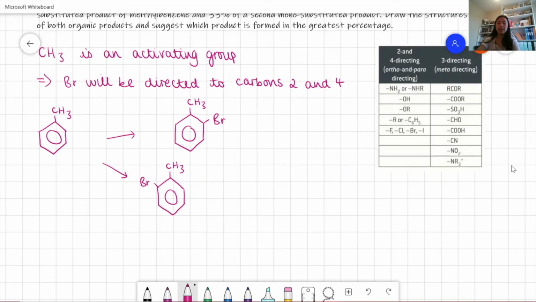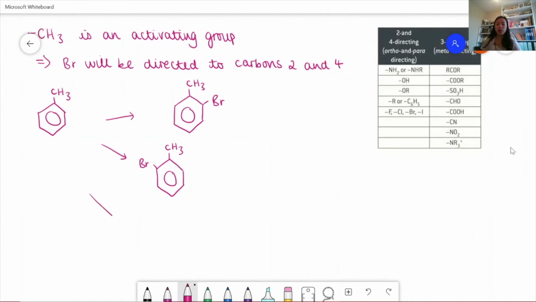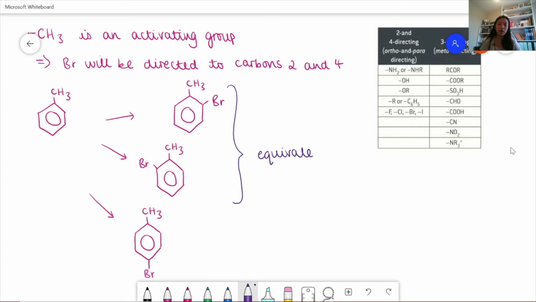And in addition to these 2, there's also a third one: benzene again, then the methyl group, and this time the bromine on the 4th carbon. Now we can see that these 2 are actually the same, so they are equivalent, because if we flip it around, it's exactly the same molecule.